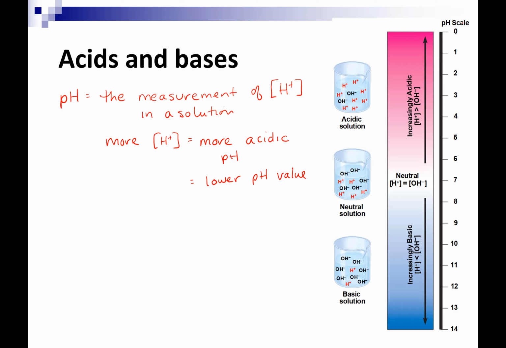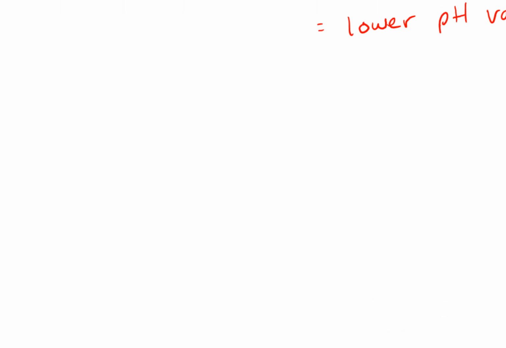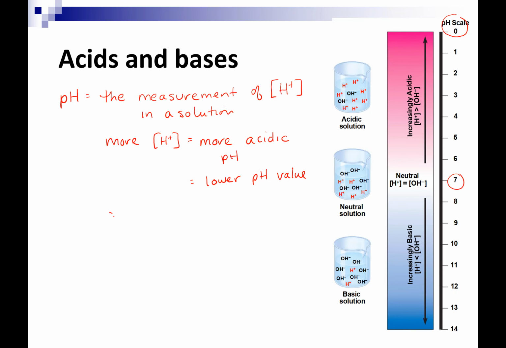So what I want you to do is look at the pH scale and notice from 0 to 7 is where it's acidic. So acids have a pH of 0 to 7, and a base or a basic solution is a pH of, I'm going to put 7 in parentheses because we know that 7 is neutral, to 14.